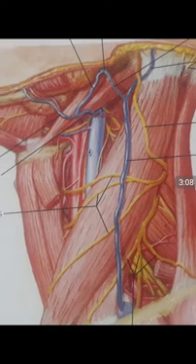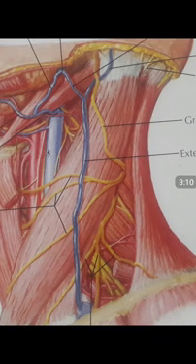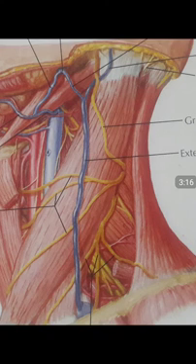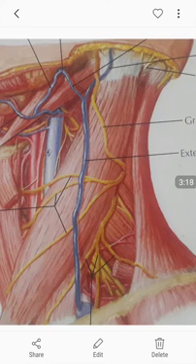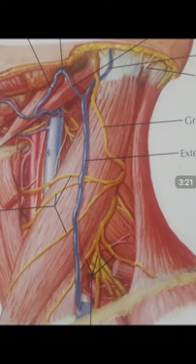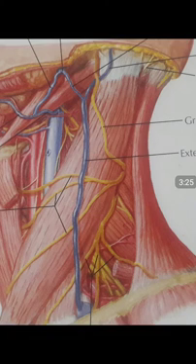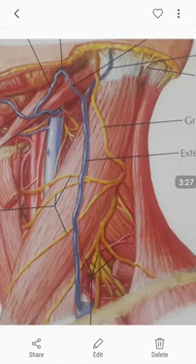And then we have the posterior triangle. Posterior triangle, as we have already discussed, is divided into two further parts: occipital triangle and supraclavicular triangle, or omoclavicular triangle. So this is the spinal accessory nerve.